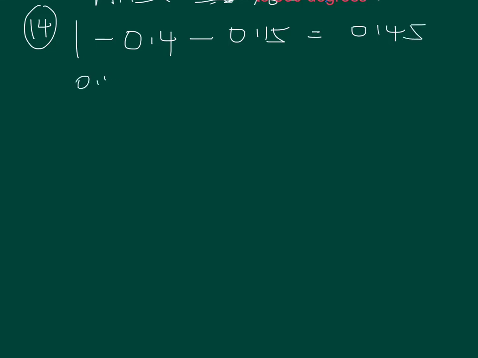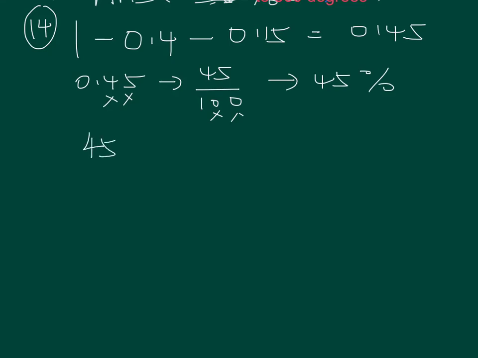So 0.45 is the same as 45 over 100. Move 2 decimal places, and this would mean it's 45%. This is what he has left, so he would actually have 45% of $80.